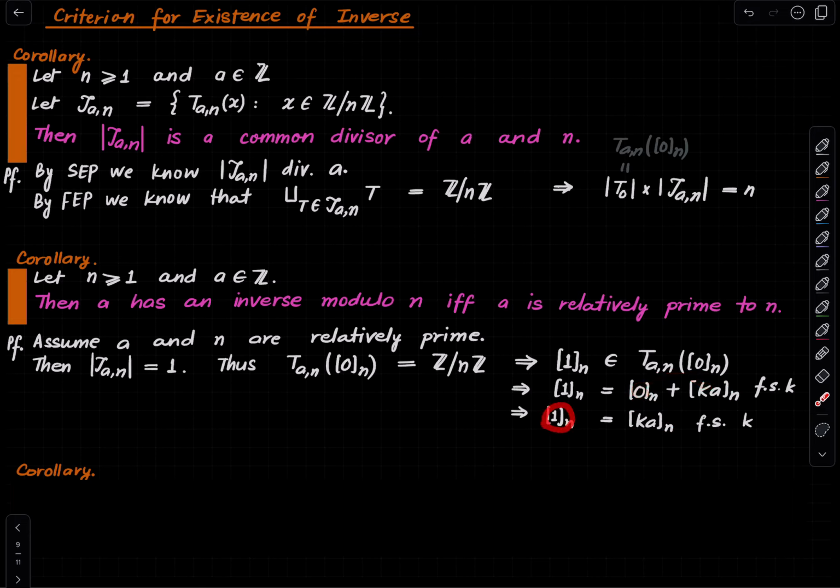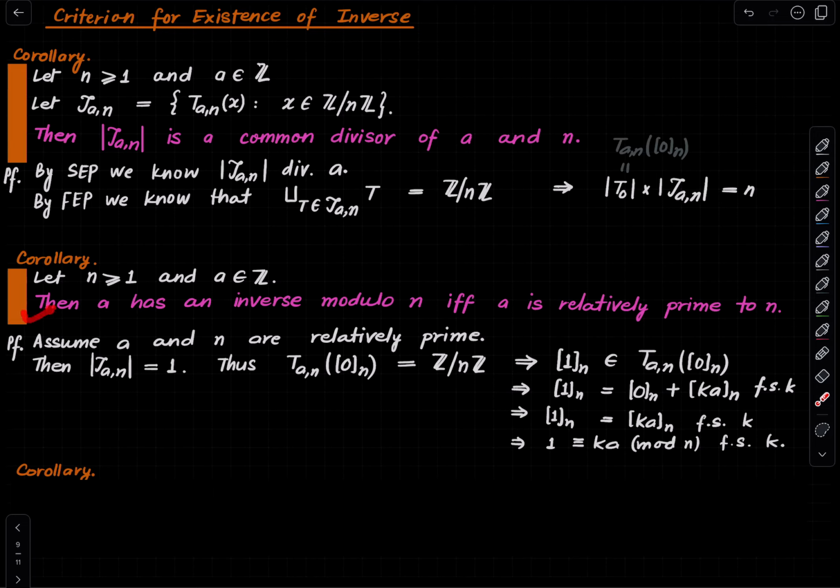So the remainder class of 1 is the same as the remainder class of Ka modulo n, which means 1 is congruent to Ka mod n for some k. That's it. That means that a admits an inverse modulo n. Right? So the fact that there is only one trajectory is all. This is what we saw when we were drawing those diagrams.